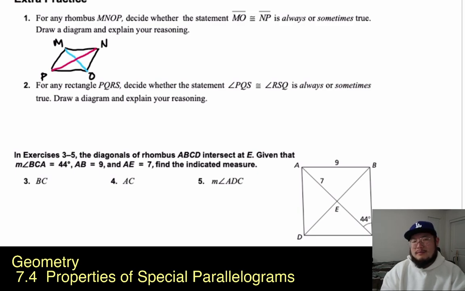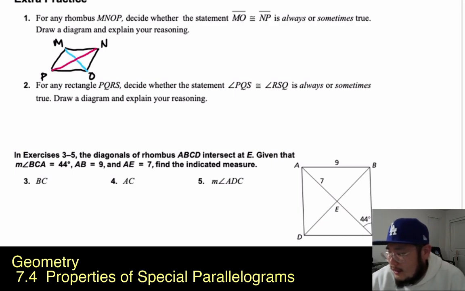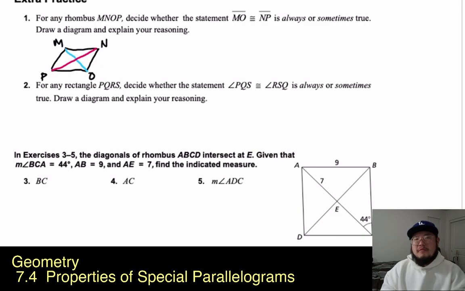In this example, when I have my parallelogram, slanted, going sideways, we should know that the diagonals bisect each other, but the segments are not going to be congruent. Okay?